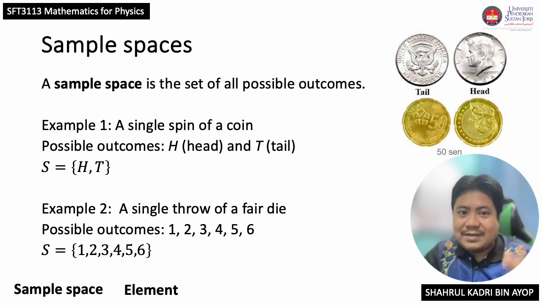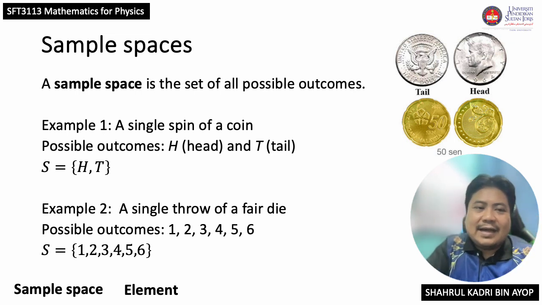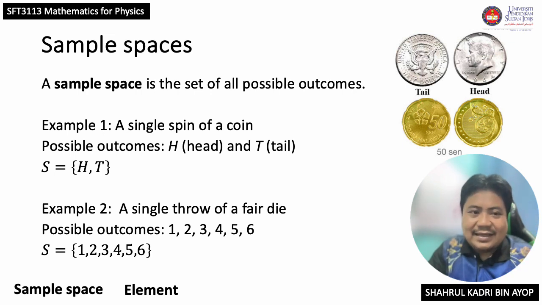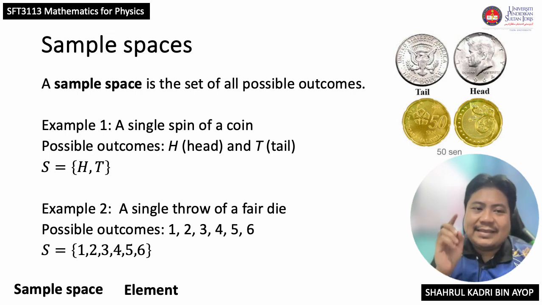The possible outcome is either head or tail. Only two outcomes. So we can write the sample space as S, capital S, is equal to curly bracket H, comma T. H represents outcome head and T represents outcome tail.